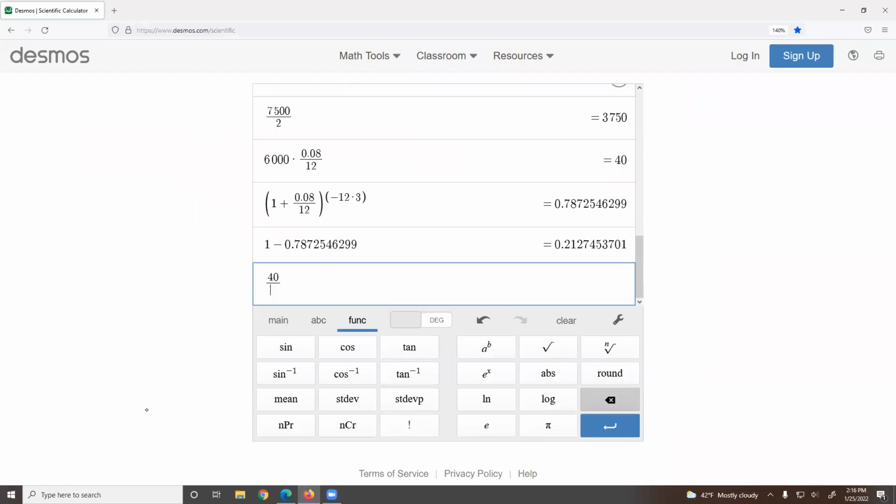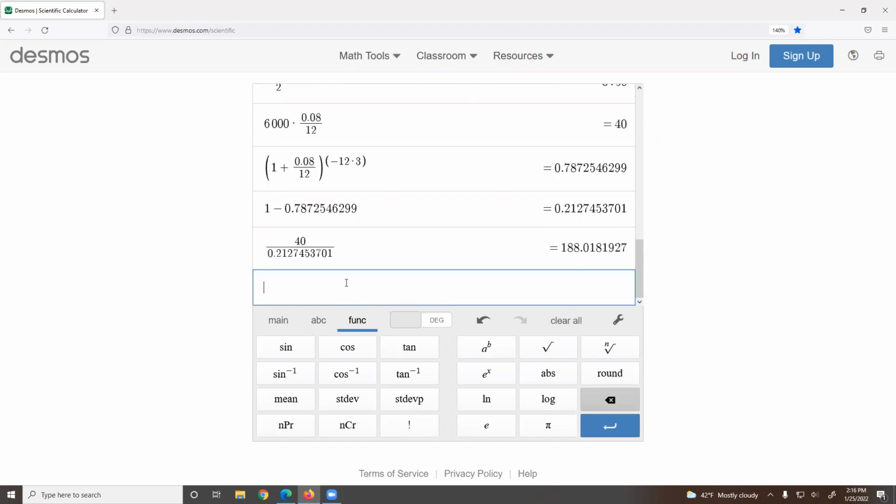And 40 divided by this number, we could just round it from our calculator: that's $188.02.